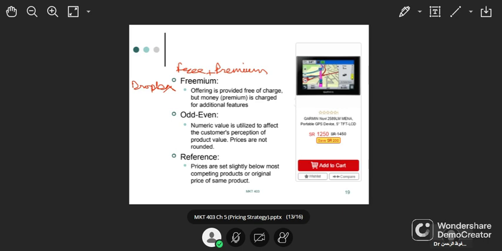Now, odd even and reference pricing are commonly seen in the offline environment also. Odd even is like when you see prices like 199, 9.99, 95. Why do companies put this price? When we think 199, change is needed, cash, why not round it off?